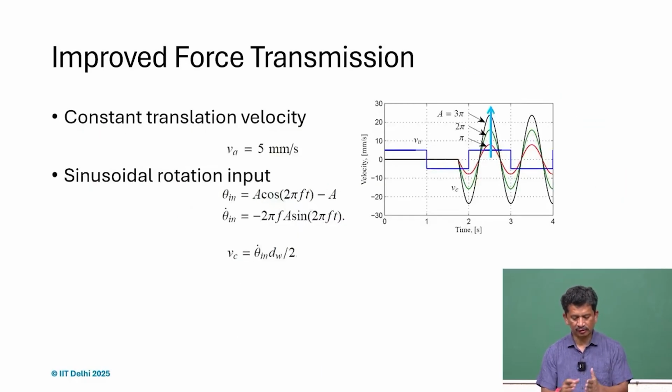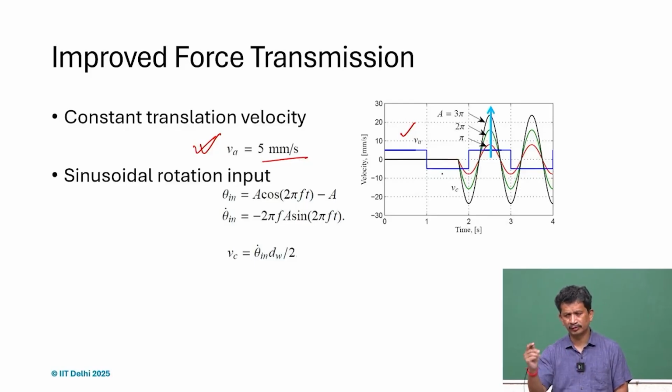And analytically we also try to simulate and find that we have a translation velocity in the instrument, this is Va. In the plus minus direction, we are simply translating back and forth with this amplitude of 5 millimeter per second. This is what you see, the blue line.